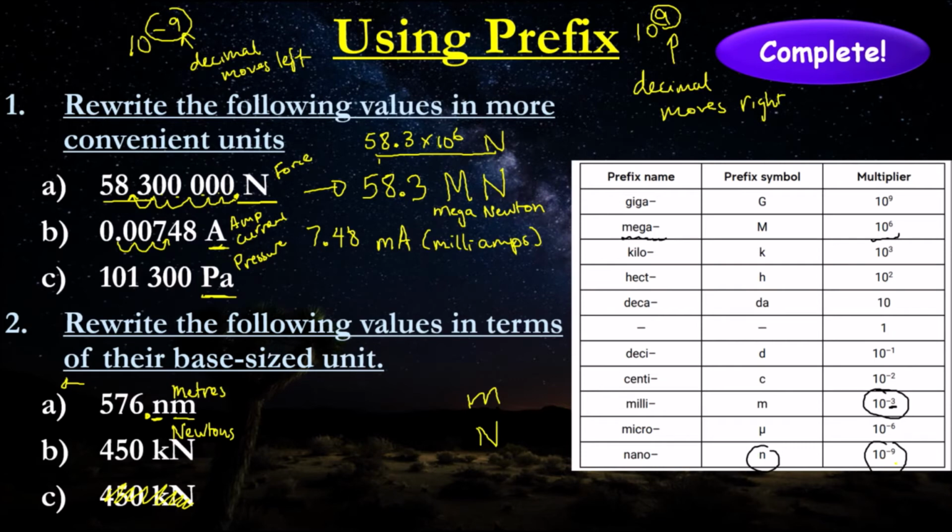In this case, we need to write down the amount of zeros that we have essentially. So we have 1, 2, 3, 4, 5, 6, 7, 8, and then 9.